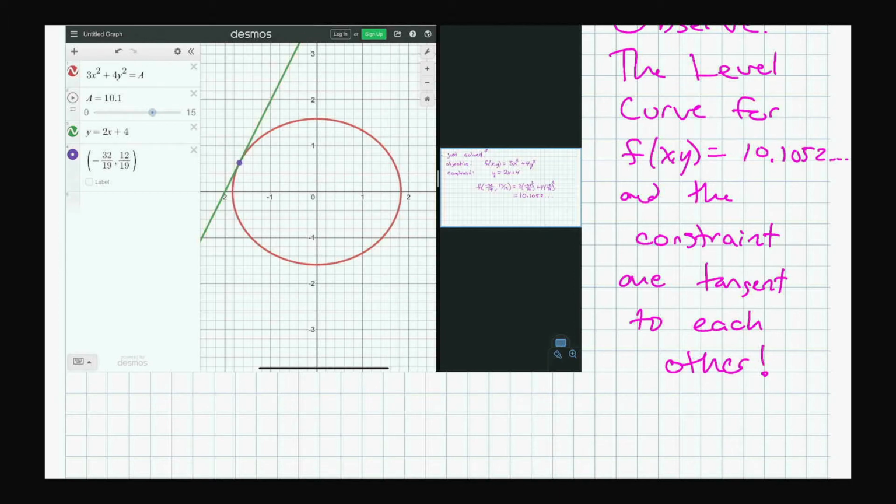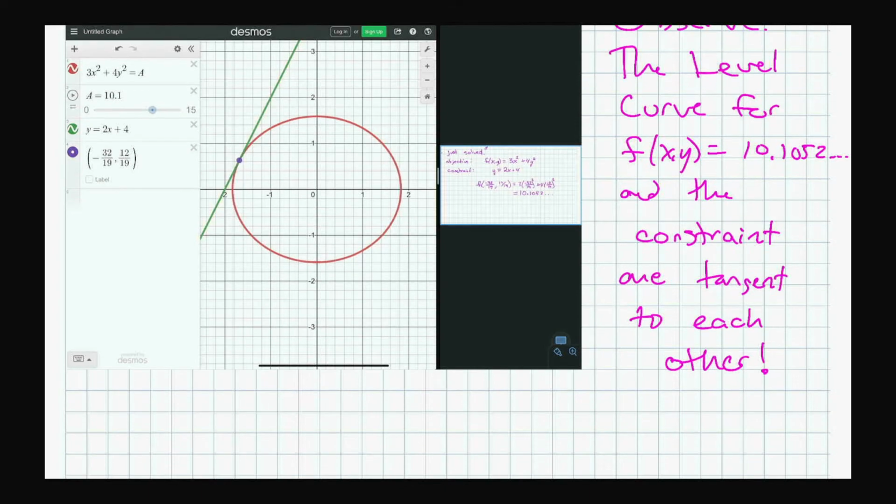And where they intersect is at the solution.